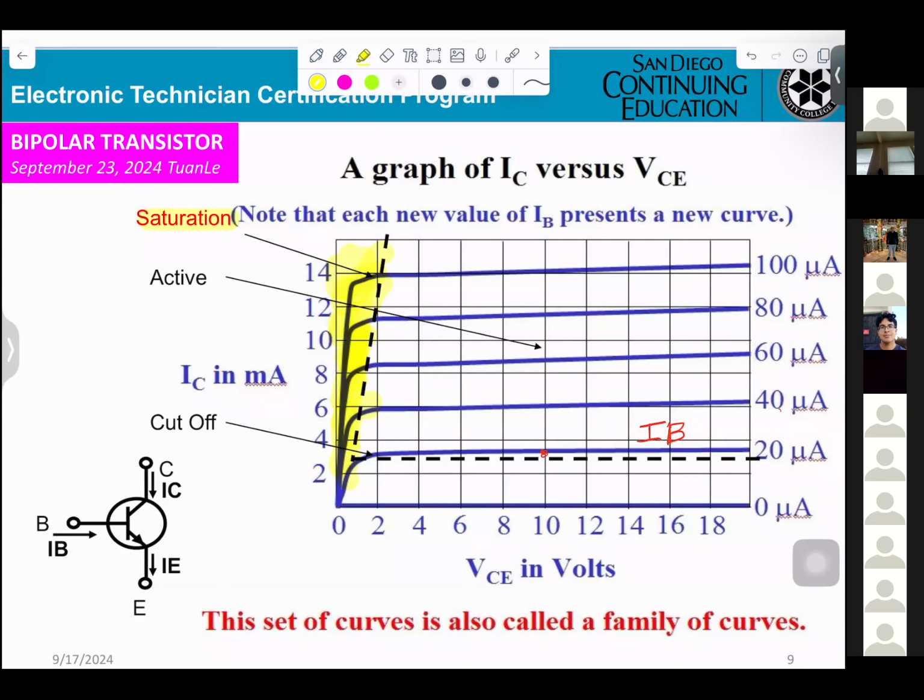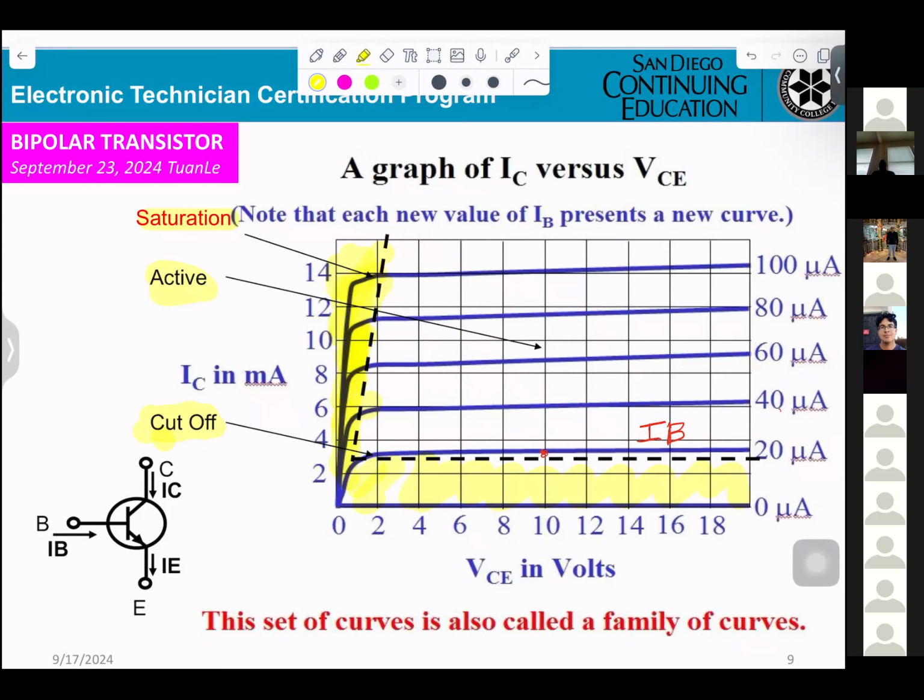And another part here, this region is for the cutoff. So anything in here will be active.